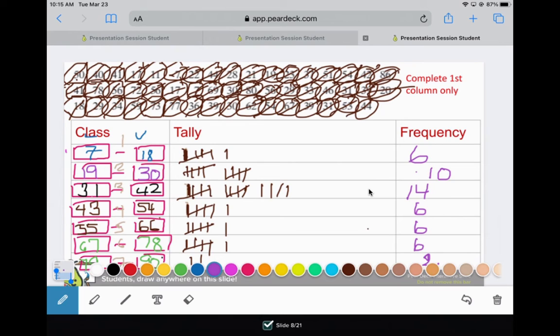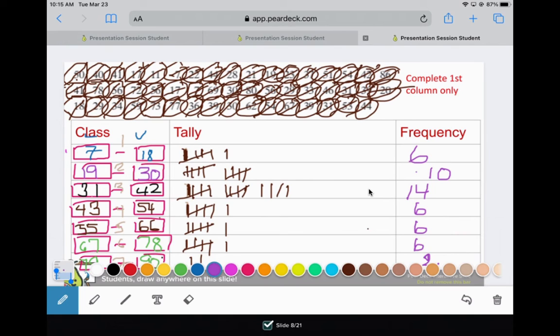Do you want to go over the class columns, or the tally or the frequency columns? Let me know how you want to review this. Or you're okay? I think I got it, let's move on. Let me know. Now's the time to ask, guys, because we don't want you to not understand, then we move on and then you're even more confused. Great.